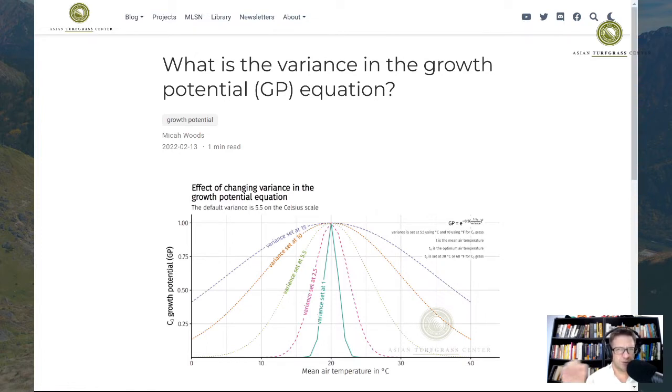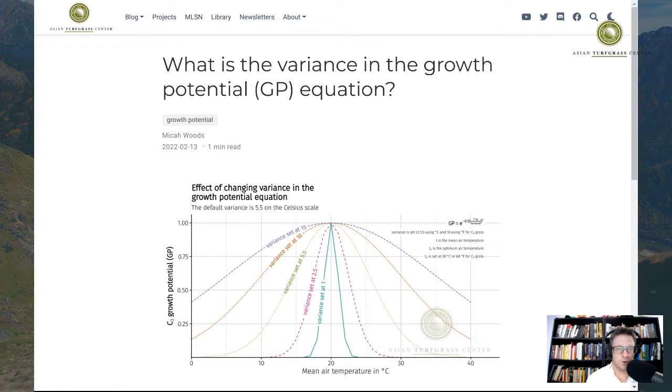It has a couple of cells in that spreadsheet that are labeled, I think one is labeled optimum temperature, another one is labeled variance. And the optimum temperature is easy to understand.